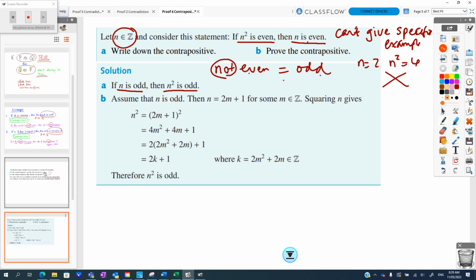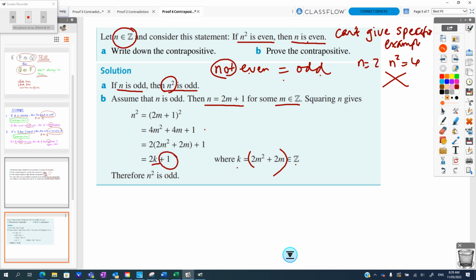So if n is odd, then we define n as 2m plus 1, where m is some whole number. Because we want to square it, n squared equals (2m plus 1) squared, equals 4m squared plus 4m plus 1, equals 2 times something plus 1, where k is equal to that number, and k is an element of whole numbers.